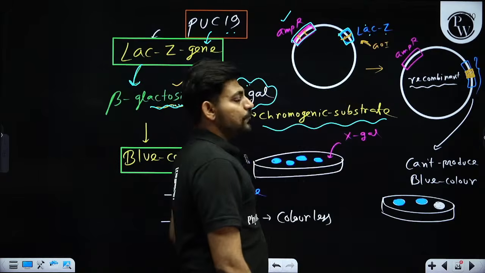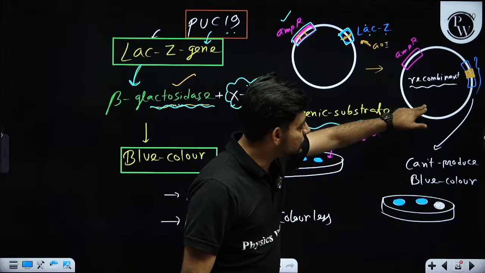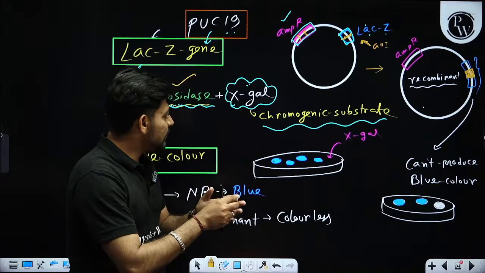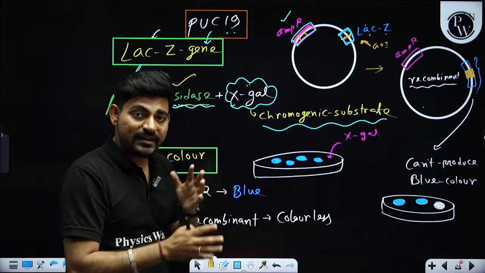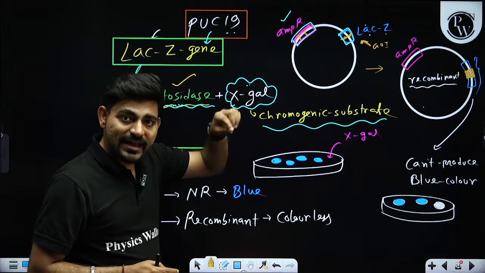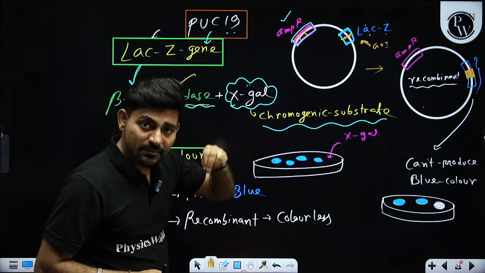So if you are transforming a bacteria by inserting this particular plasmid, when you want to check whether the bacterial colony is transformed or not, you have to provide X-gal, that is the chromogenic substrate, into the medium.